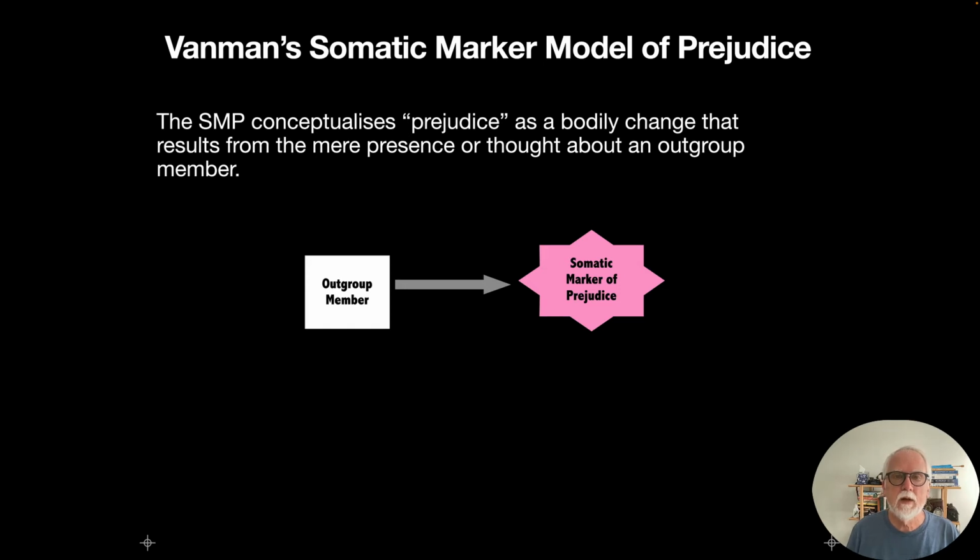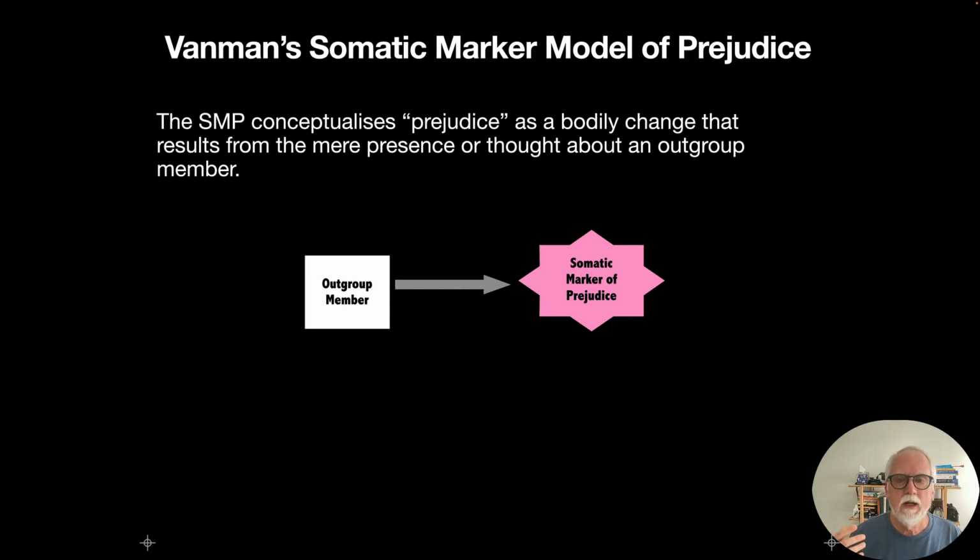So in this somatic marker model of prejudice, I conceptualize prejudice as a bodily change that results from the mere presence or thought about an outgroup member. And this is very much inspired by Damasio's somatic marker hypothesis that you might remember, about how we get these little gut feelings about whether or not we should make a decision.